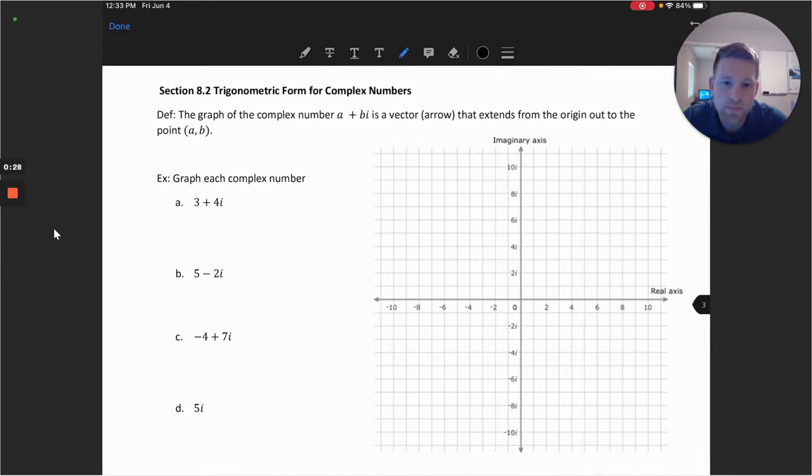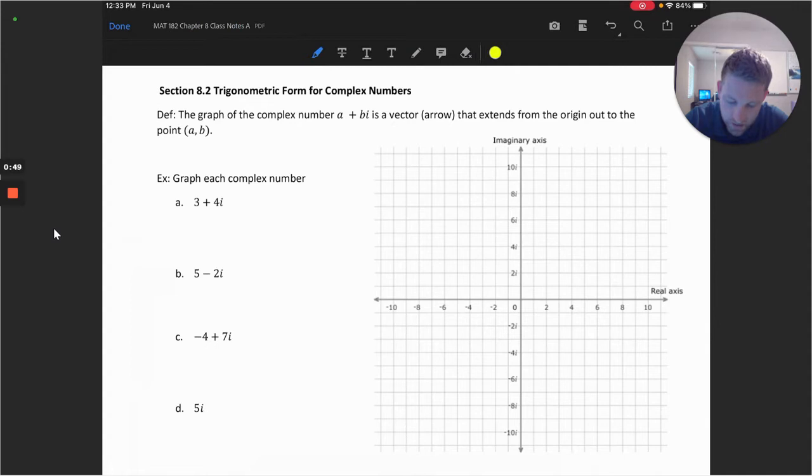So we'll notice that the complex axis is replacing that y-axis, and our real axis is the horizontal x-axis. So let's take a little bit to work through each of these complex numbers and graph them.